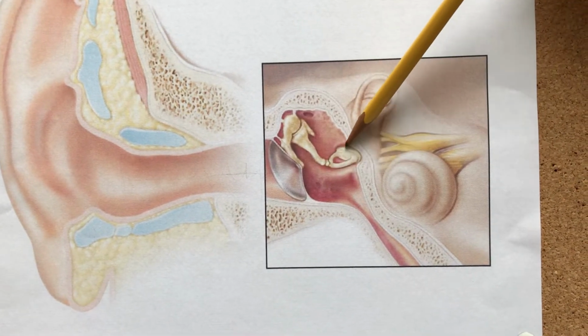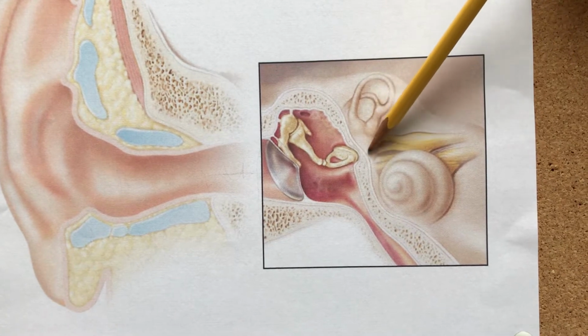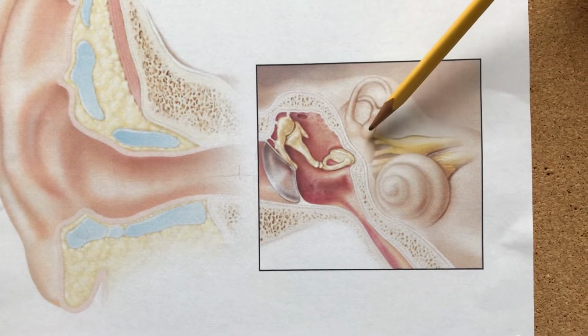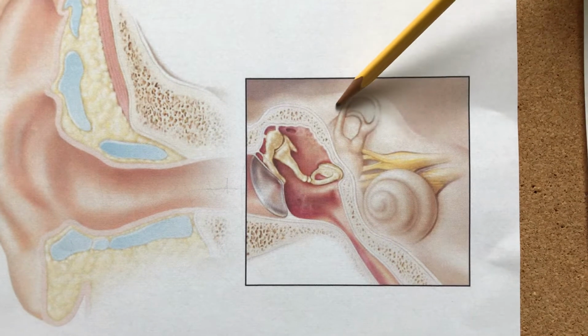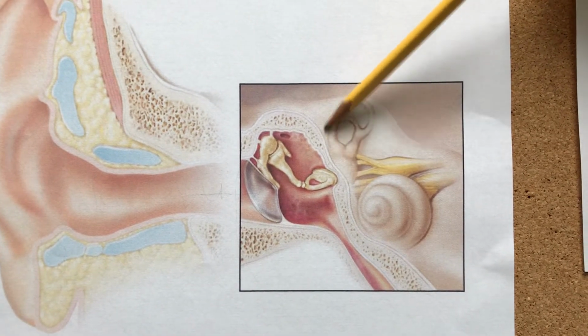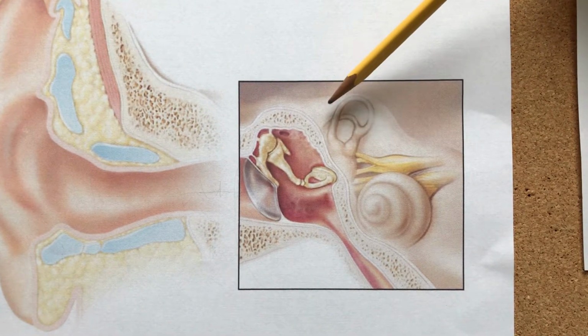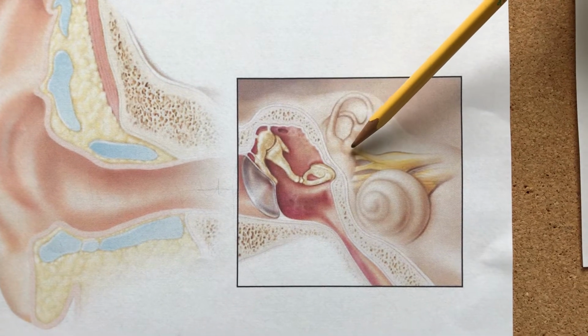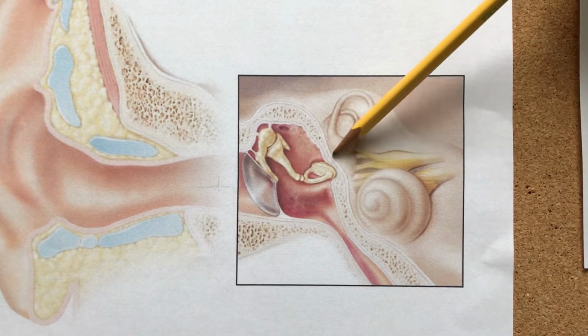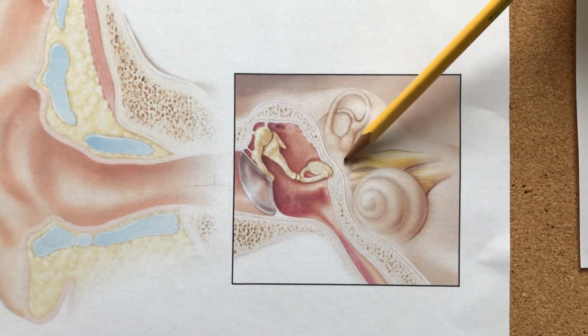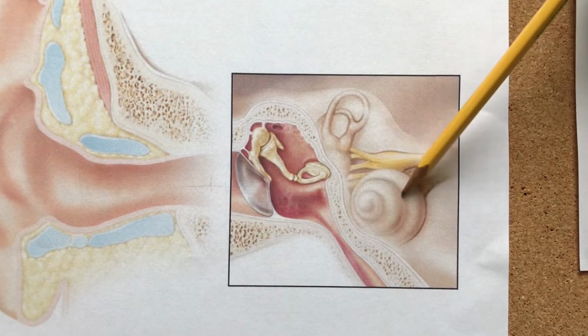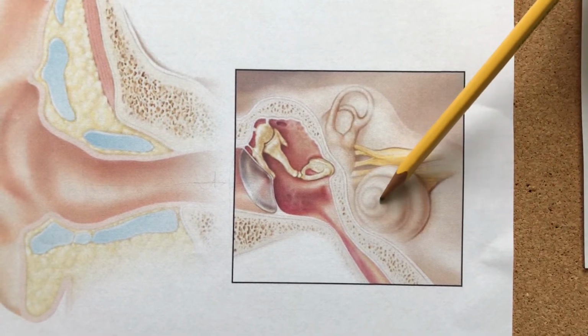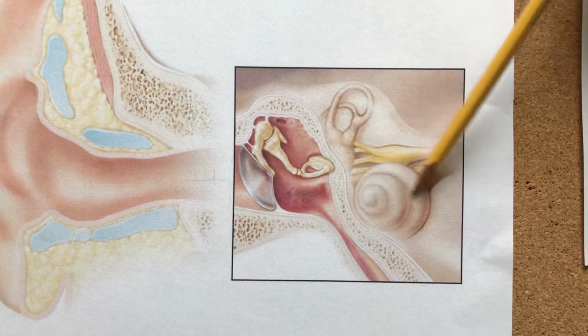Now the sound wave will be sent into the inner ear. The inner ear is going to be made up of your semicircular canals, which are used for angular rotation. We also have some vestibules that are located in this area for linear movement. And then we have the cochlea, this snail-shaped structure, which is where we are going to detect sound.